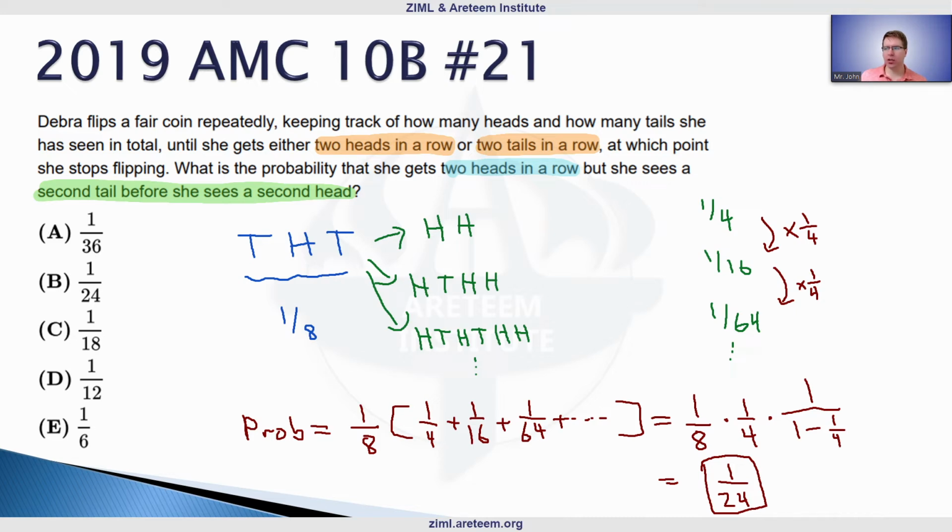And it's always good to double check that it matches one of our answers. It does. Make sure we're answering the correct question and have it filled in correctly if you're taking the actual exam, and then we're good. So our final answer is B, 1 over 24.